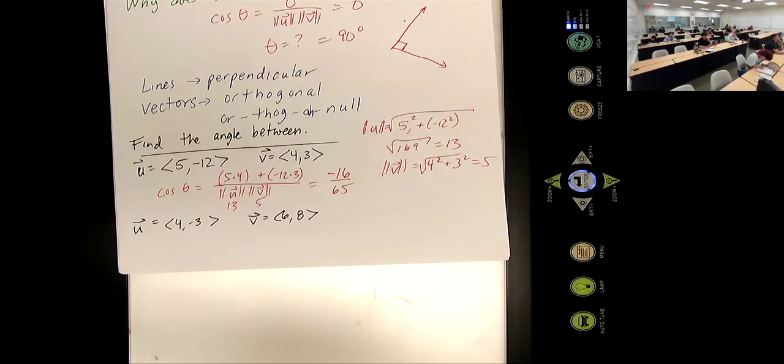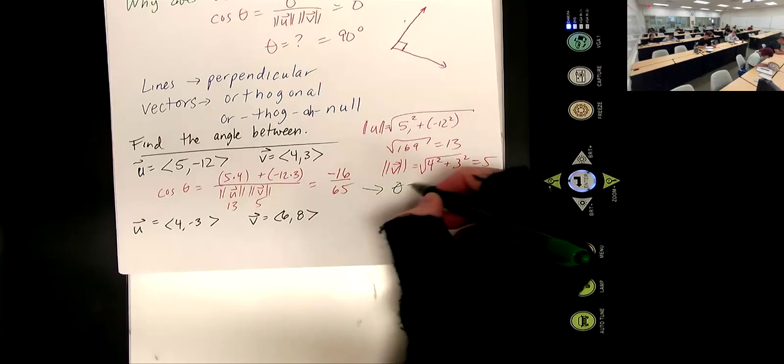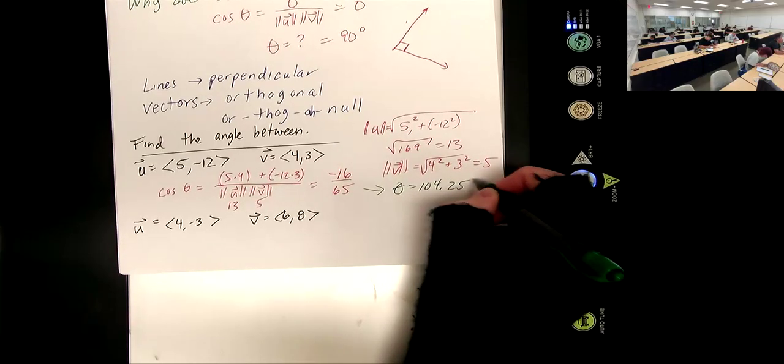If I do that in the calculator, oh, I wrote it wrong, the wrong number in the calculator. Cool. And then I do cosine inverse. I get theta equals 104.25 degrees.